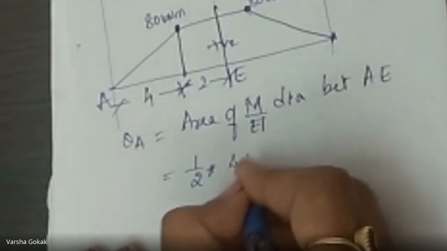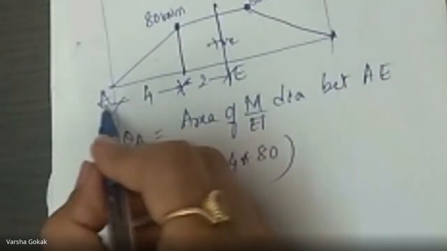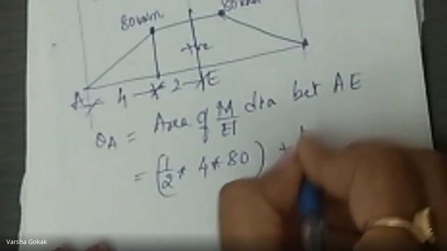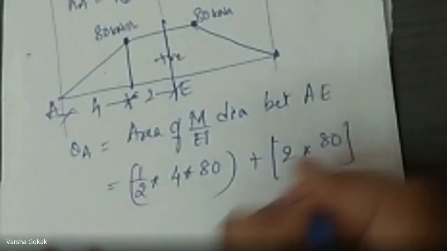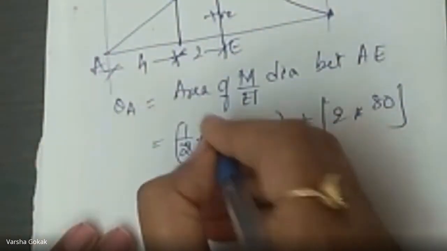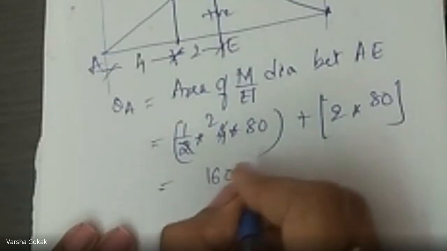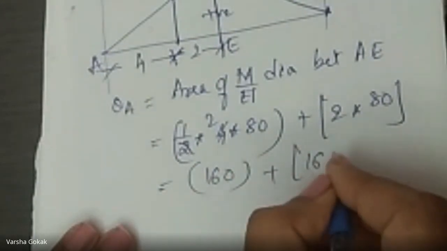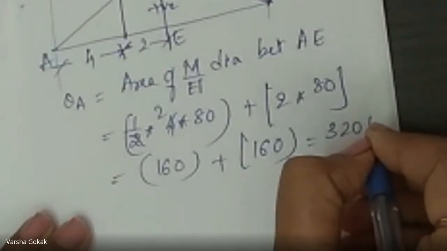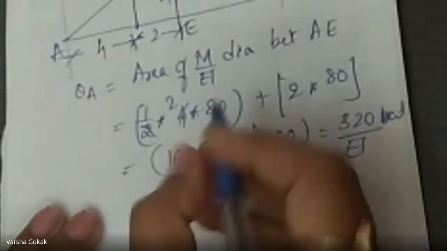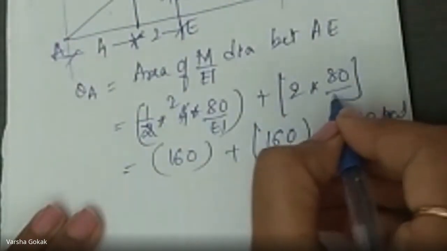Half base, height is 80, half base into height, plus this rectangle, 2 into height, that is 80. Yeah, what is this value? Please tell me. 160 plus 160, 320 radians by EI.